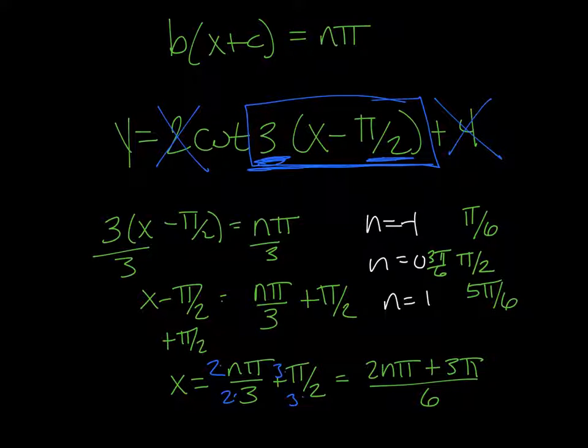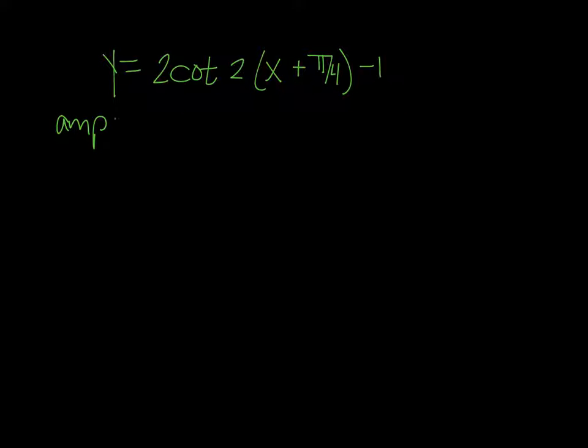Let's actually do a full graphing. So y equals, let's do 2 cotangent of 2 times x plus pi over 4 minus 1. All right. So we go through and we say our amplitude is 2. The period, remember the period for cotangent and tangent are both pi.